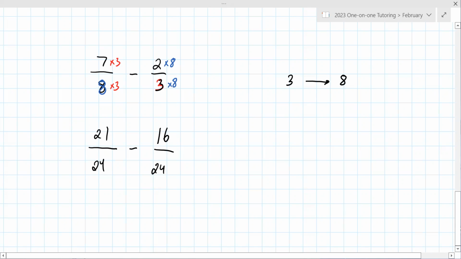So notice that the bottoms are the same. Okay, so what do you get when you subtract? What is 21 minus 16?